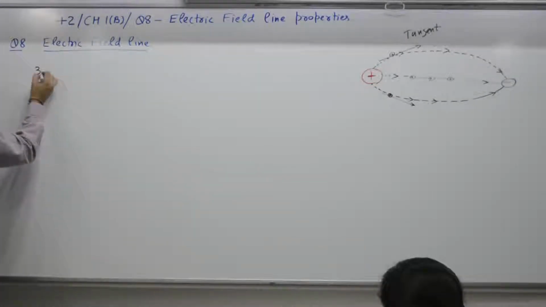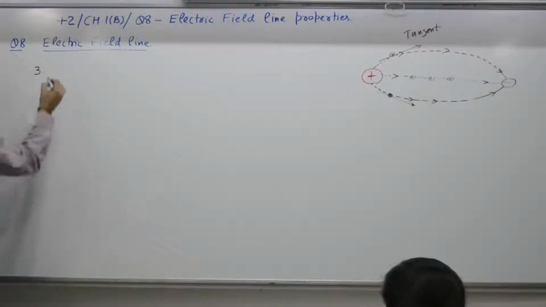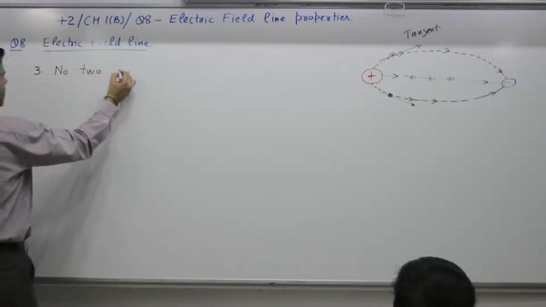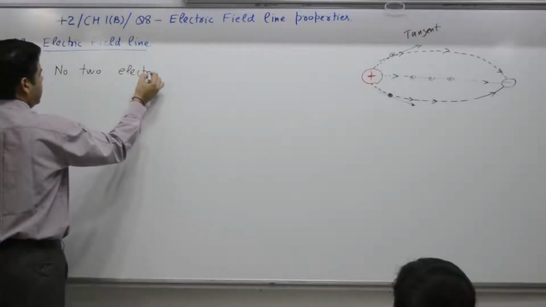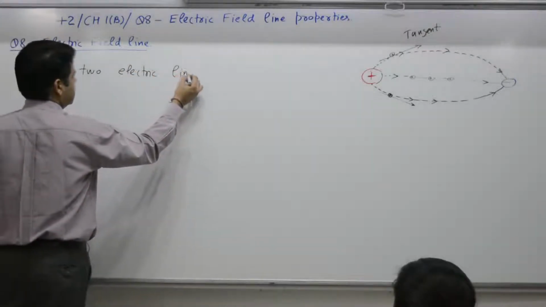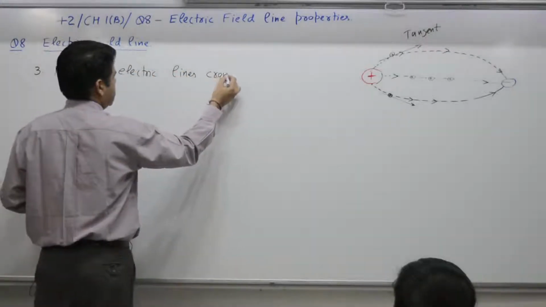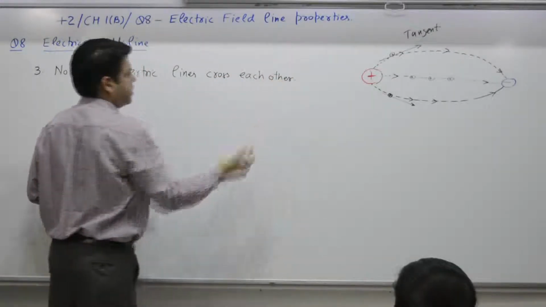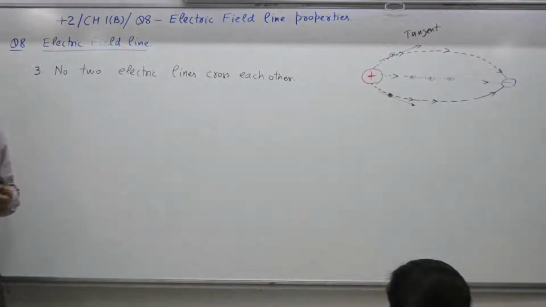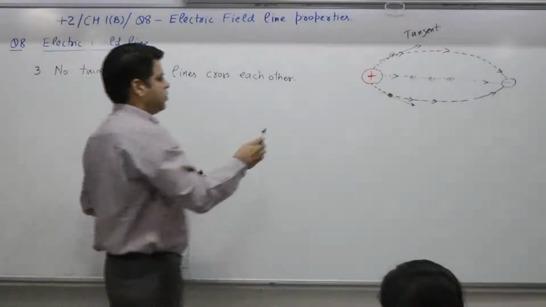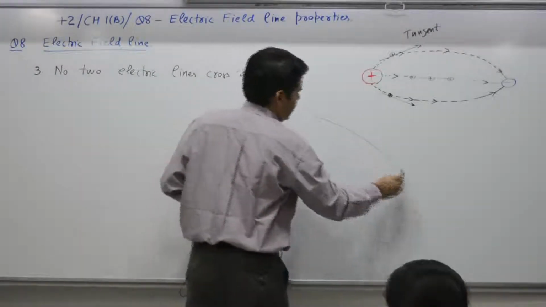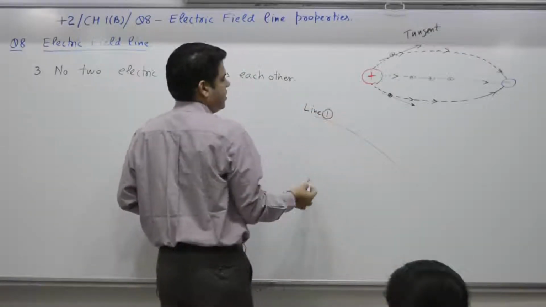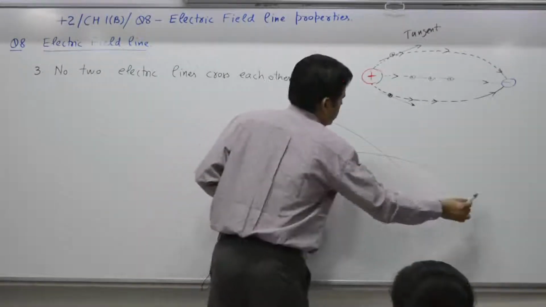Three, a 2 marks board question. No two electric field lines cross each other. Let us temporarily assume the two lines cross each other. This is line number 1. This is line number 2.